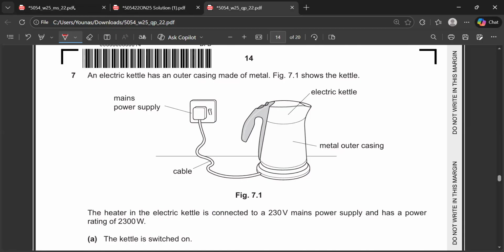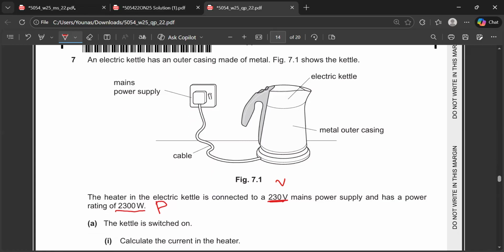Here we have the main supply, cable, electric kettle, metal outer casing. The heater in the electric kettle is connected to a 230 volt main power supply and has an electric power of 2300 watt.